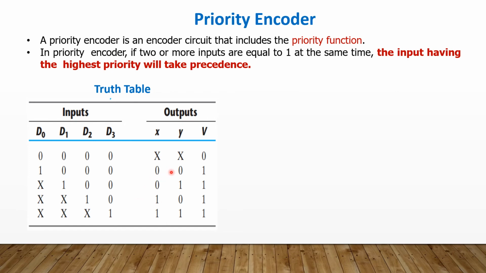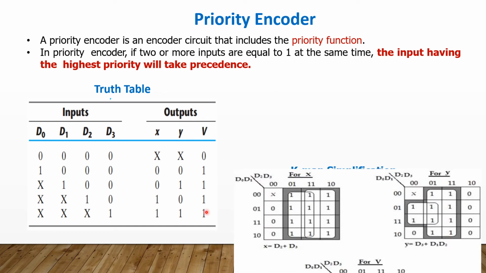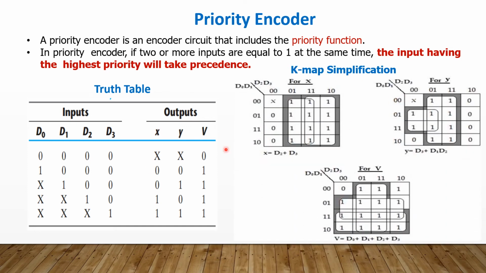Now what we are going to do is use the K-map. By using this K-map, we are going to find the Boolean expression for outputs X, Y and V. So next will be K-map simplification. Here, what you have to do? X is equal to, first we are going to consider this column, X column alone. Wherever X is equal to 1, that combination can be represented in the K-map.